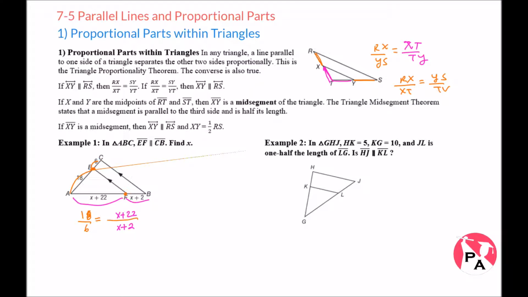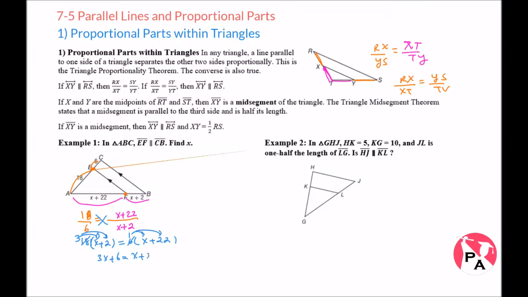So if we solve this, we get 18 times x plus 2 equals 6 times x plus 22. 18 and 6 can be simplified by dividing each by 6. So 18 becomes 3, and then we can distribute this 3. 3x plus 6 equals, this 6 becomes 1, 1x plus 22.